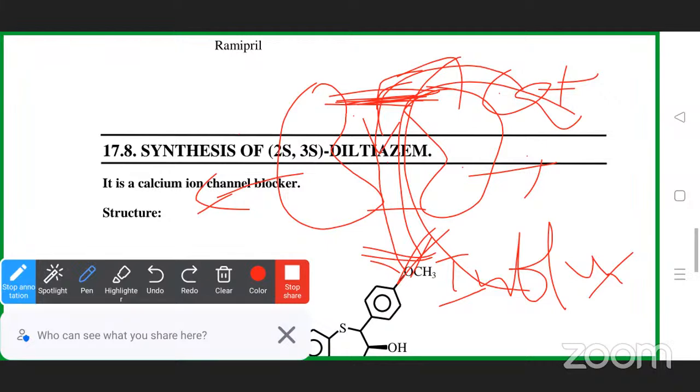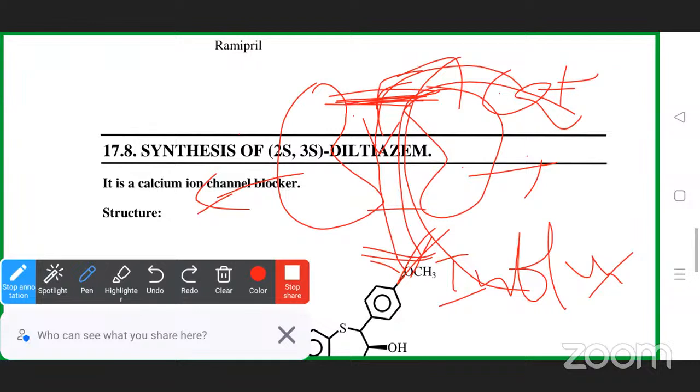So when the calcium ion channel is failing its function, more influx of calcium takes place. In that case, we'll use diltiazem, 2S, 3S diltiazem. This is a drug compound, an antihypertensive drug. It is a calcium ion channel blocker.